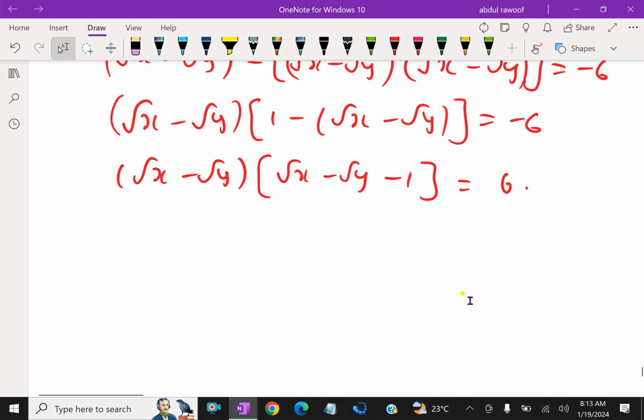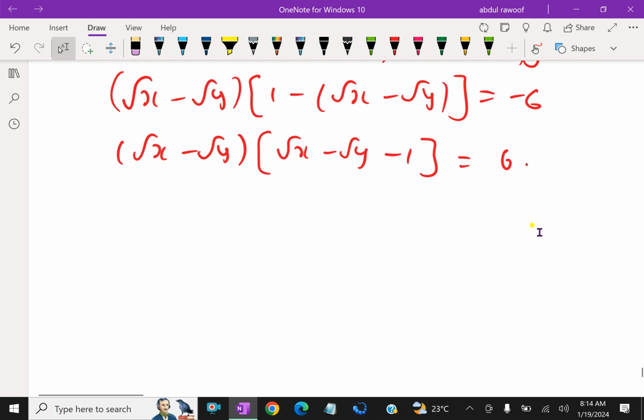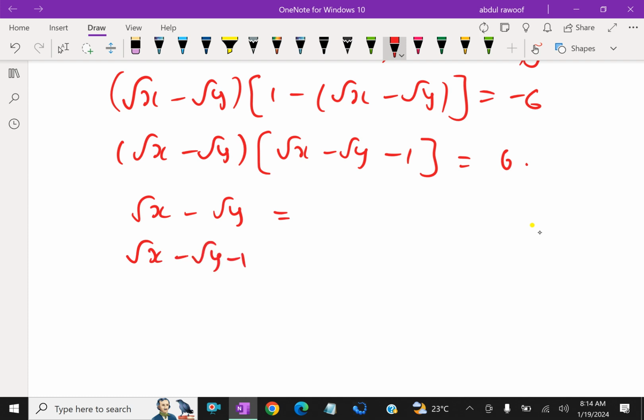Then look here: these two factors, for integer solutions, have a product of 6. I put the first factor, root x minus root y, and the second is root x plus root y minus 1. We have to get a positive 6.